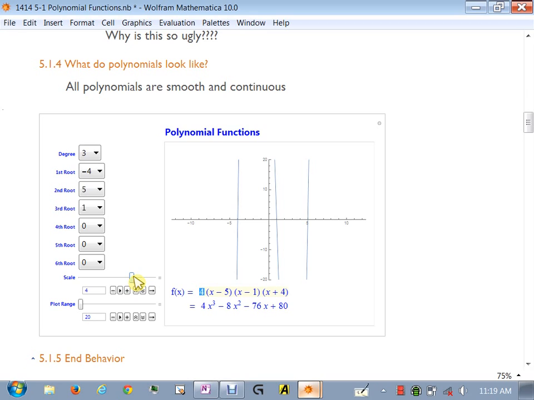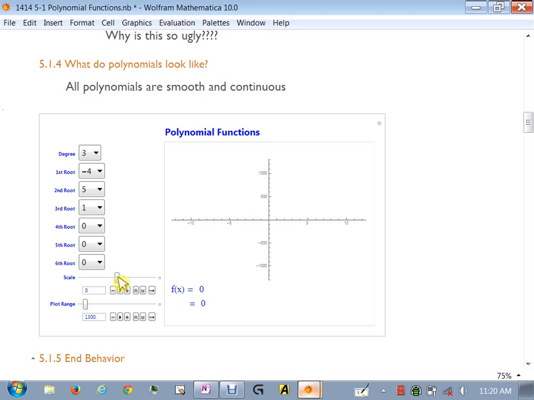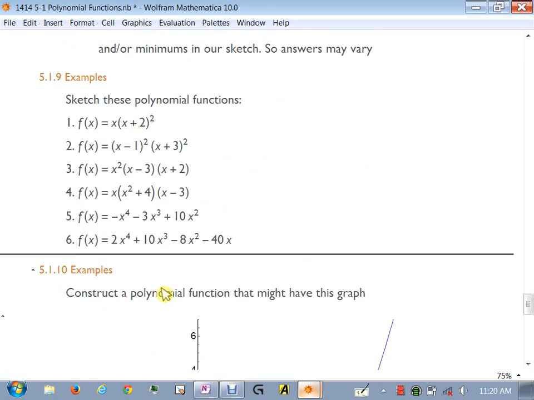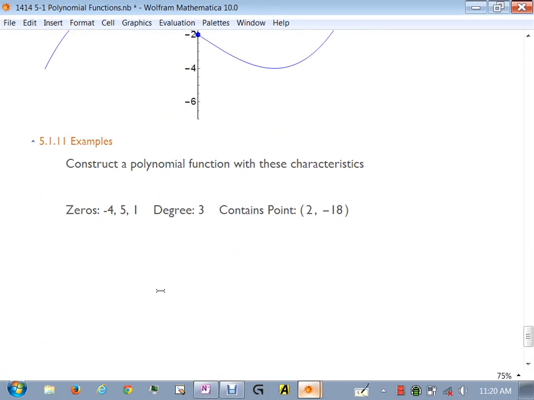So there's an infinite number of functions that go through those 3 x-intercepts. All of these have the same x-intercepts. They're all third-degree polynomials. But that one condition, that it had to go through (2, -18), locks it down. There's only one that can be that way. All right? Okay, so that's the end of those notes. Does that kind of clarify?